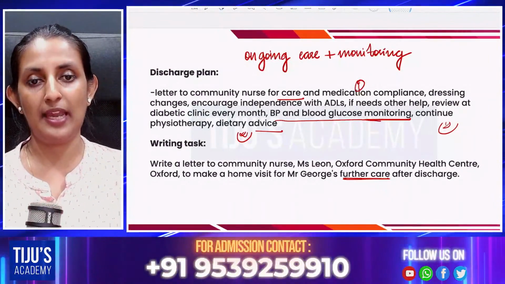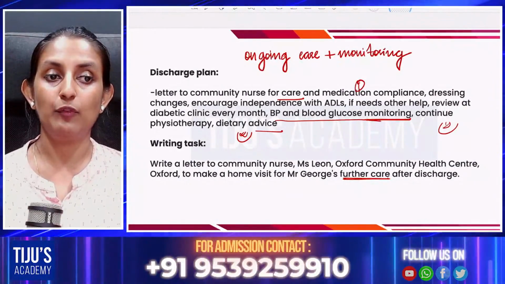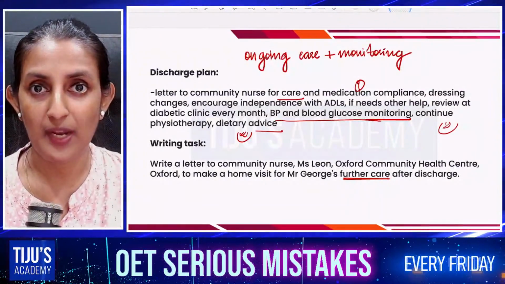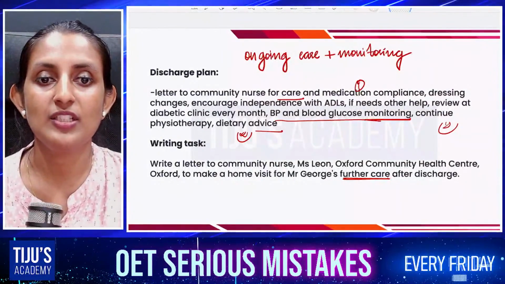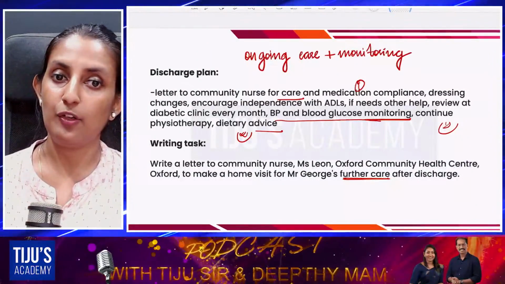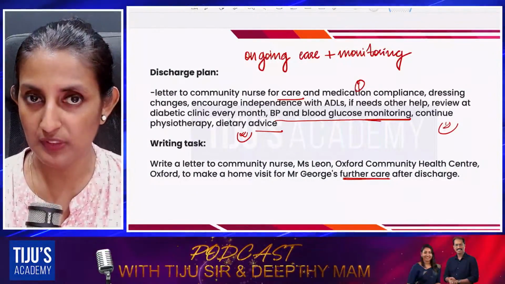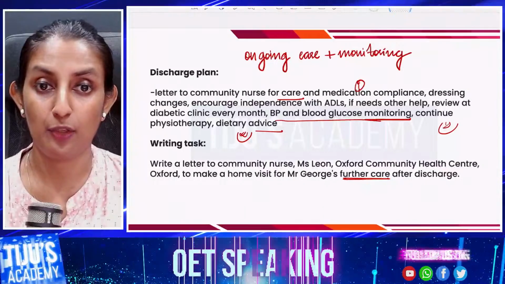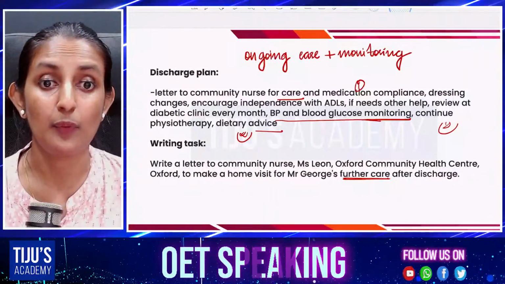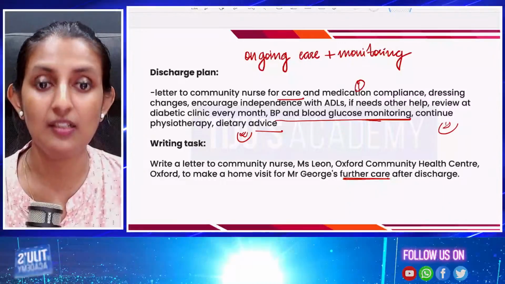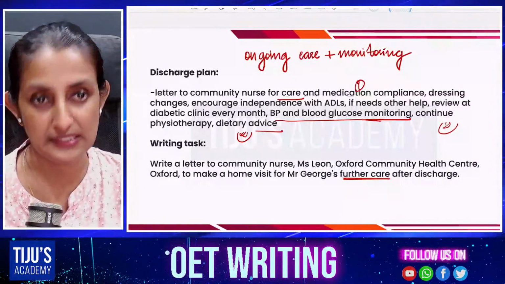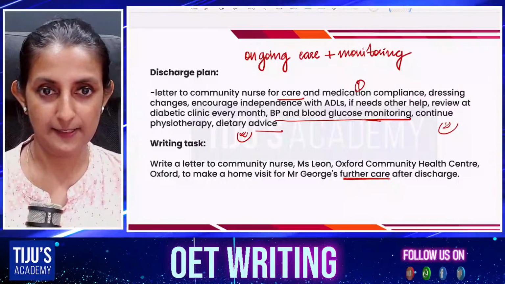If we say it in the first line of the discharge plan, that will be crystal clear. So it would be appreciated if you could provide dressing for Mr. George at home, in the home visit letter. In the introduction I am writing to request a home visit, and at home in the very first line of the discharge plan. So when we are reading this particular letter, it will be crystal clear for the reader to understand that it is completely a home visit. I hope it is clear.